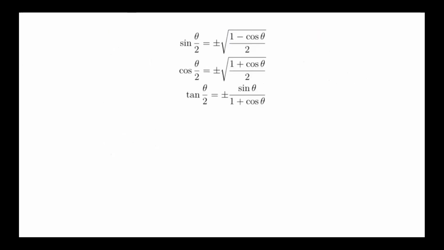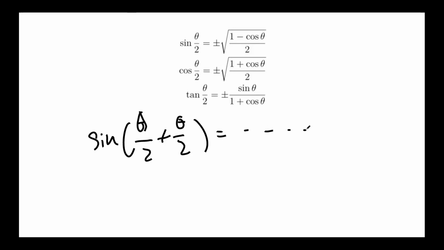Okay, and finally we have the half angle identities. So we can do this one pretty much the same way with the addition formulas. So let's say we have sine of theta over 2 plus theta over 2.